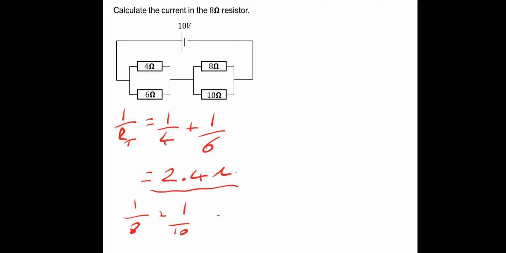And then do the inverse. And that will give us 4.4 recurring ohms. So to get the total resistance, we just add those together. And we get, so the total resistance, RT, is 6.84 recurring ohms.